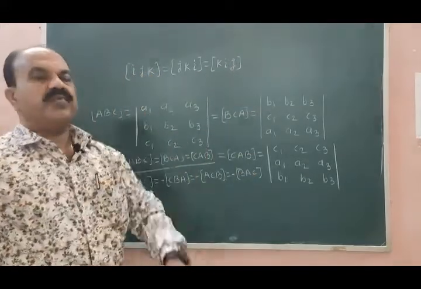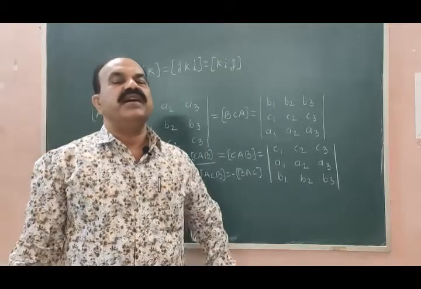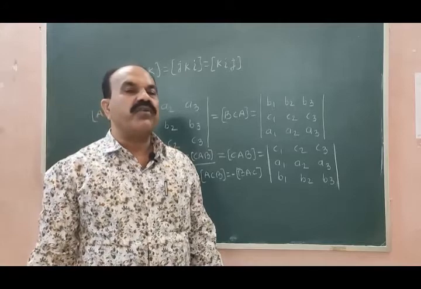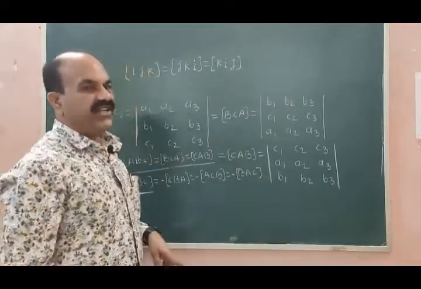This type of permutation is known as cyclic permutation of the box product of unit vectors ijk.